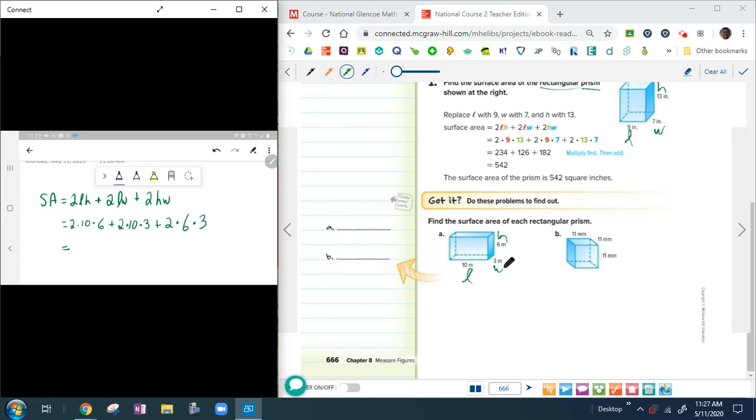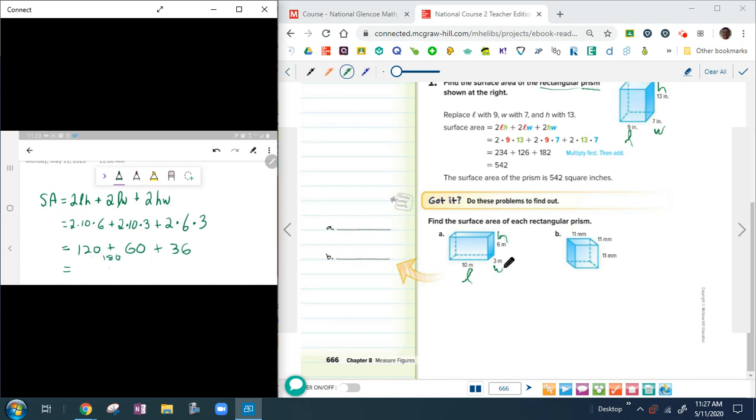Now I'm going to do my work here. So we got 60 times 2, that's going to give us 120. Plus 60, plus 12 times 3 is 36. Then I just have to add these up, and that comes to 180.